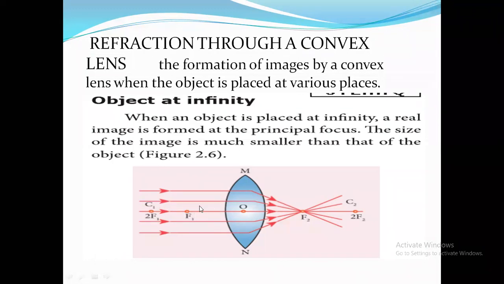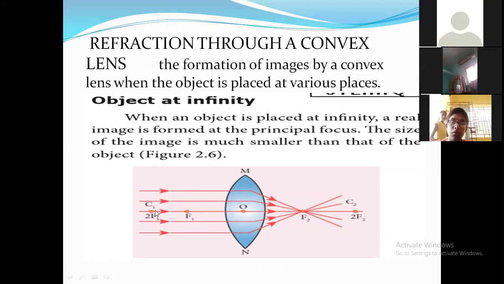The incident rays fall on the lens. Here also, O is the optical center. F1 is the principal focus and 2F1. The distance of F1 and 2F1 is the same.